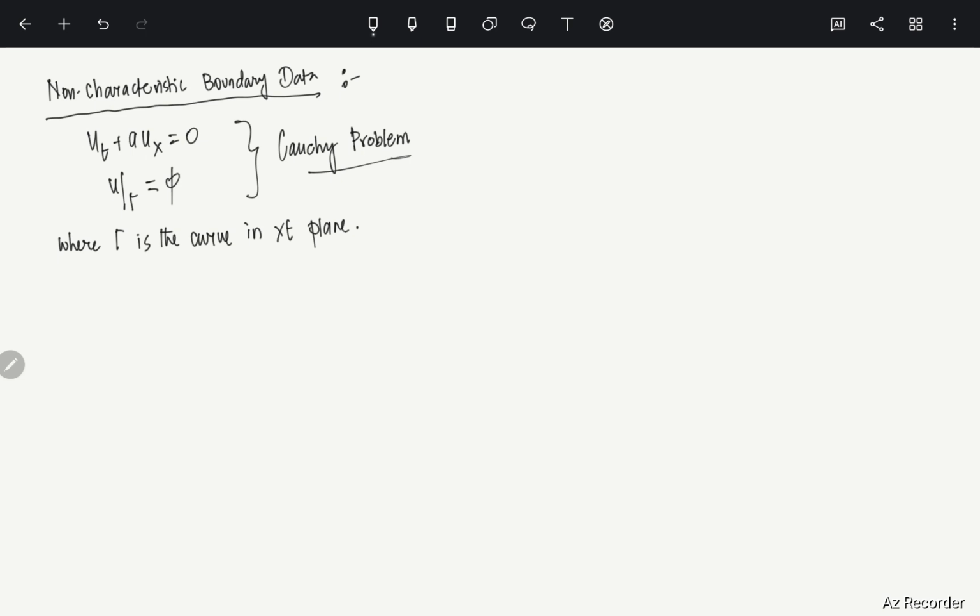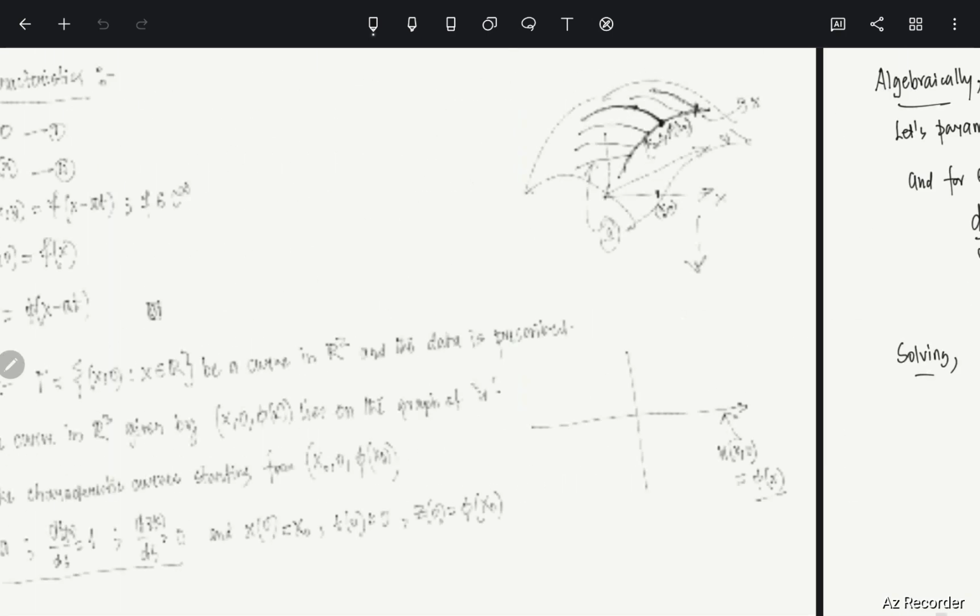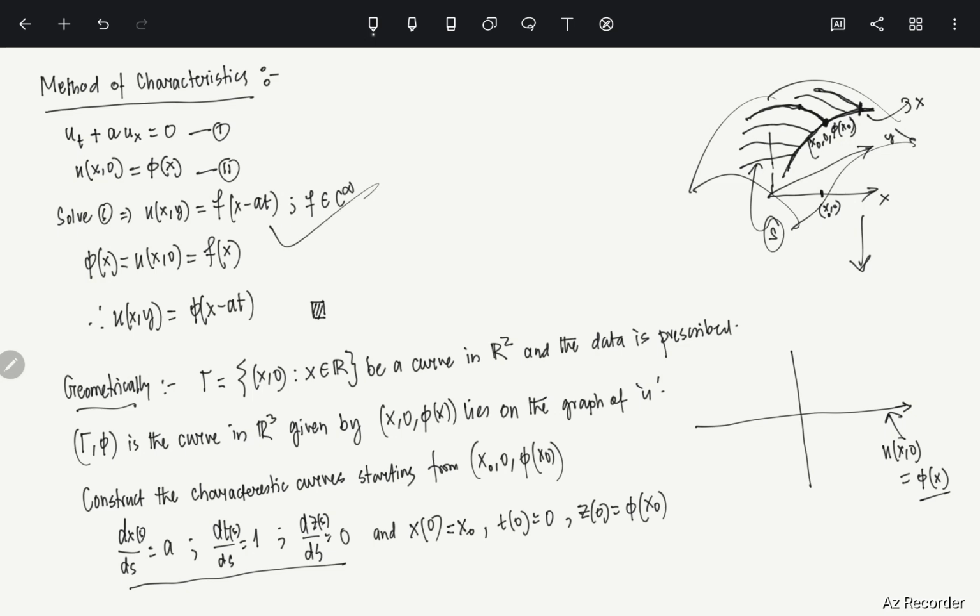Now let's say that you consider gamma to be the set of all (x, t) such that x minus a t equals 0. Let's just consider this gamma. Let's call this equation 1 and this one 2. The solution of 1 we already know: it is an arbitrary function of x minus a t.